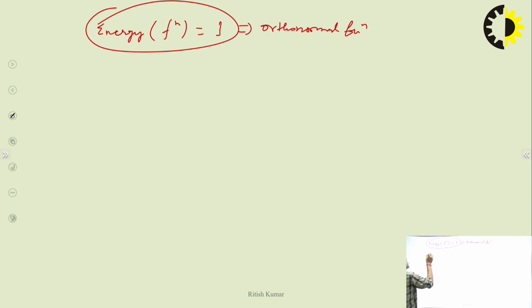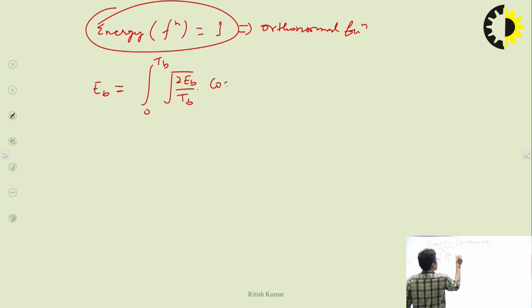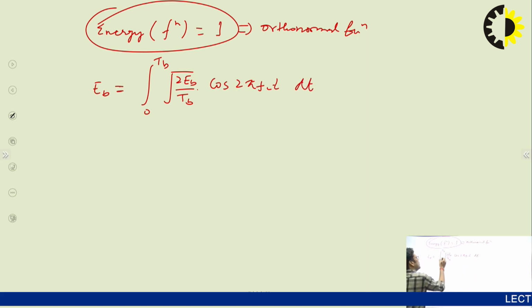So Eb, the 1 bit energy, is obtained by integrating S1(t) square over 1 bit duration. As we know, S1(t) is under root twice Eb by Tb cos 2 pi fc t, and we need to take the whole square of it.